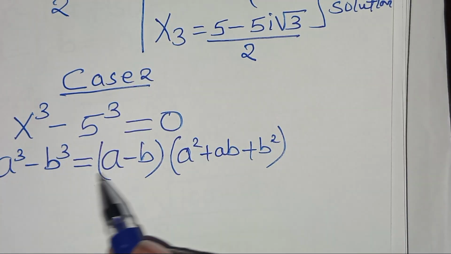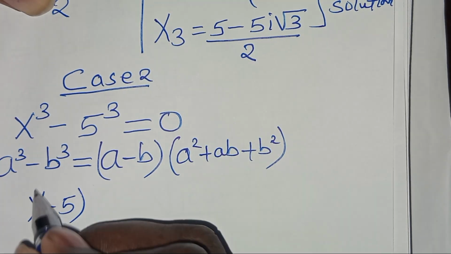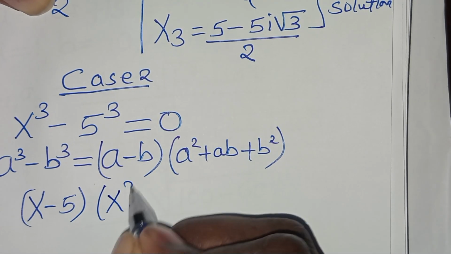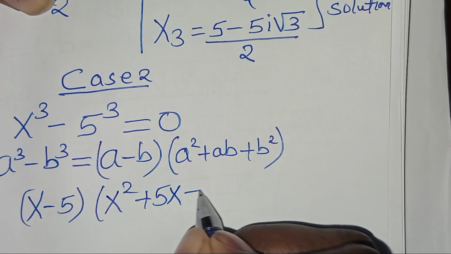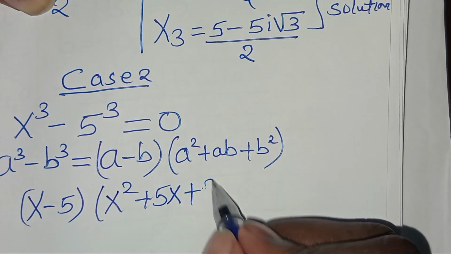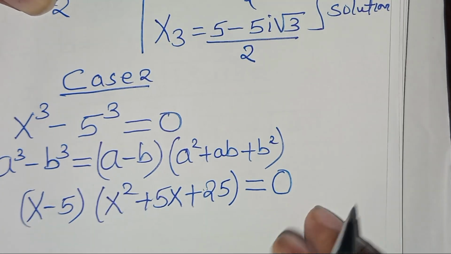Now, applying this identity, this implies that here we have x minus 5. Then here is x squared plus 5x, then plus 5 squared, which is 25. Close the bracket here. This is equal to 0.